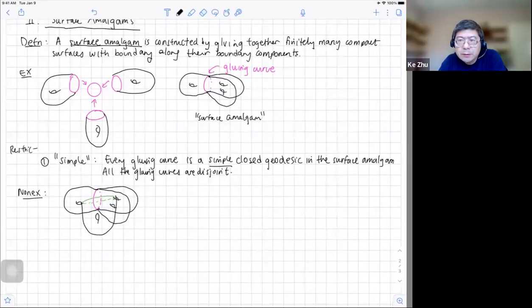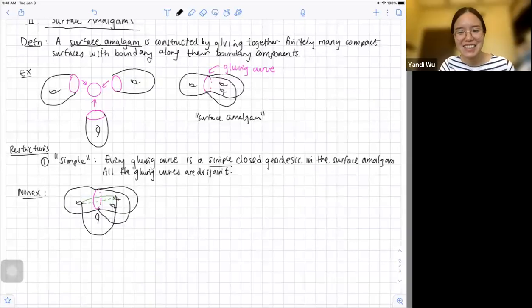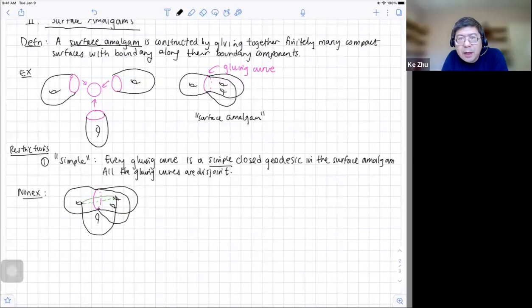Do you require the glued object to be a manifold? Oh, sorry, say that again. Is the glued object a manifold, or do you just need a metric space? In the above picture, you glued 3 copies of the surface on this boundary. So is the resulting one still a manifold?